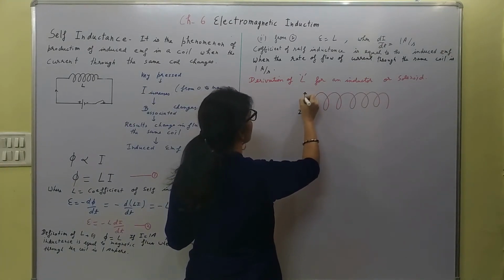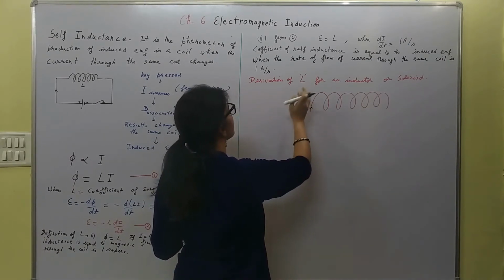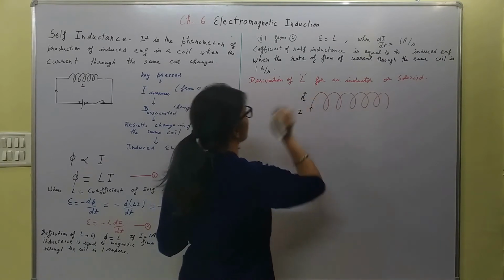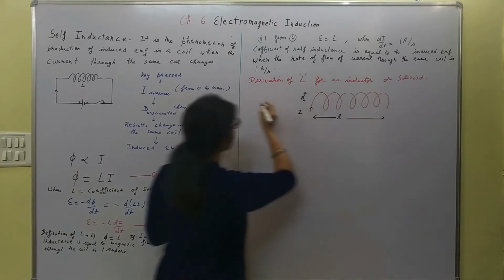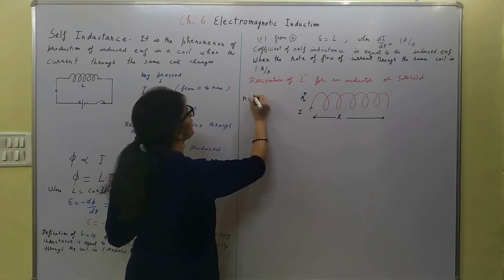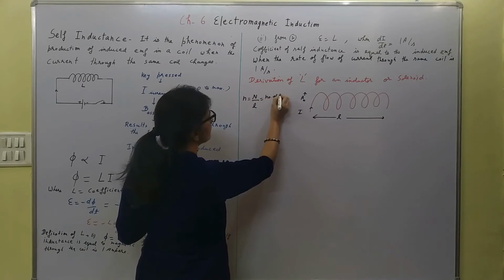This is the area of cross section, you can say, right? This is the length, and small n is the number of turns per unit length, that is number of turns upon length.